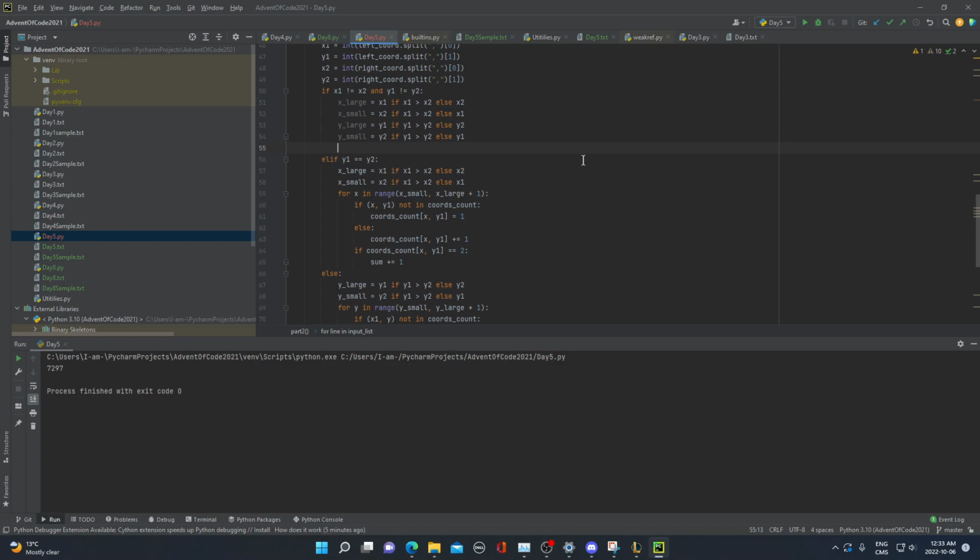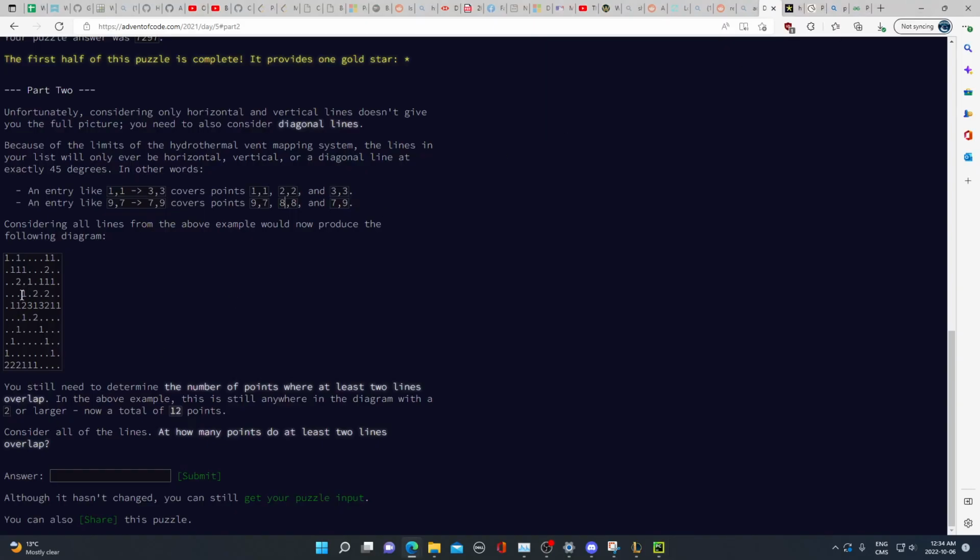In that case, what about if it's diagonal the other way? It could go from 0,8 to 1,7.